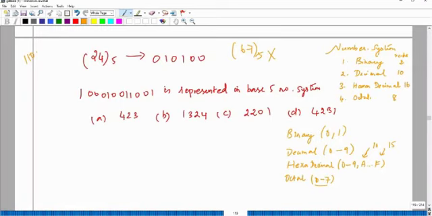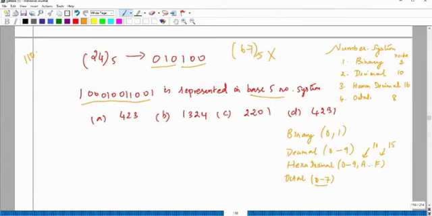So 2, 4 base 5 is represented as 0, 1, 0 and 1, 0, 0. How is this number represented in terms of another base? This is the question they are asking. 2 is represented as 0, 1, 0 and 4 is represented as 1, 0, 0.